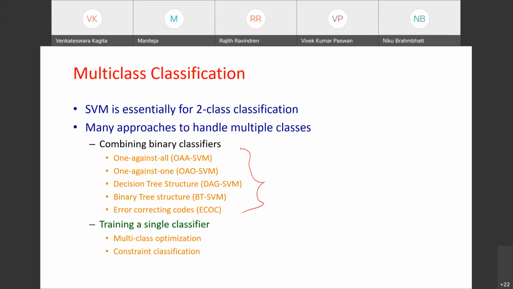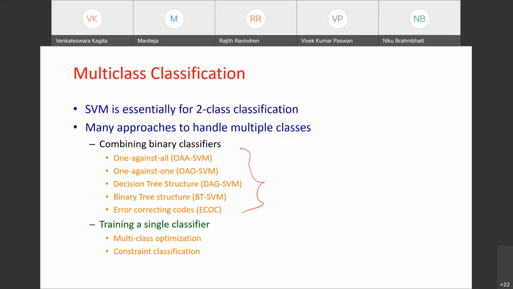The first approaches combine multiple binary classifiers in some way or the other, such that you can provide a solution to the multi-class classification problem. The most popular of them are one against all, one against one, decision tree structured, binary tree structured as well, and error correcting code. We're going to see all five of them.